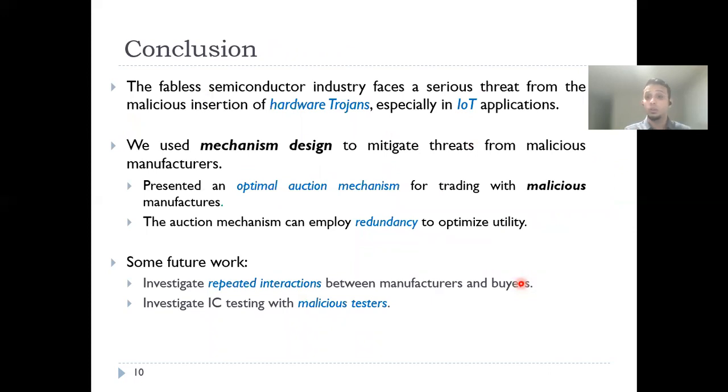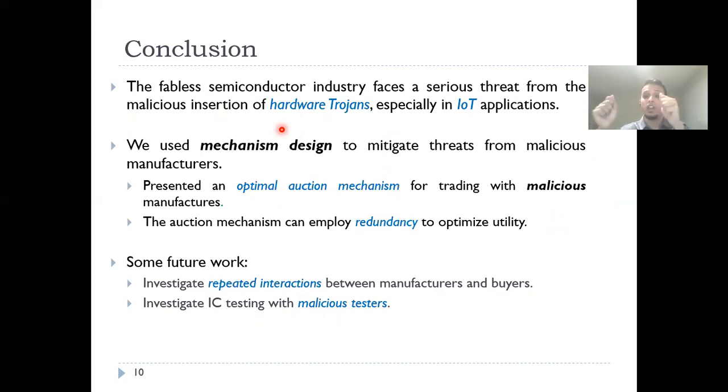So with that, I would like to conclude the presentation. In the fabless semiconductor industry, there is a serious threat from the malicious insertion of hardware Trojans, with huge consequences in Internet of Things applications, especially in communication systems.